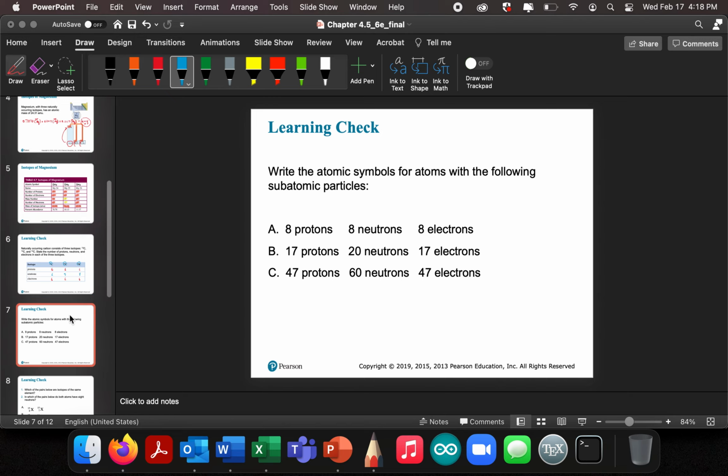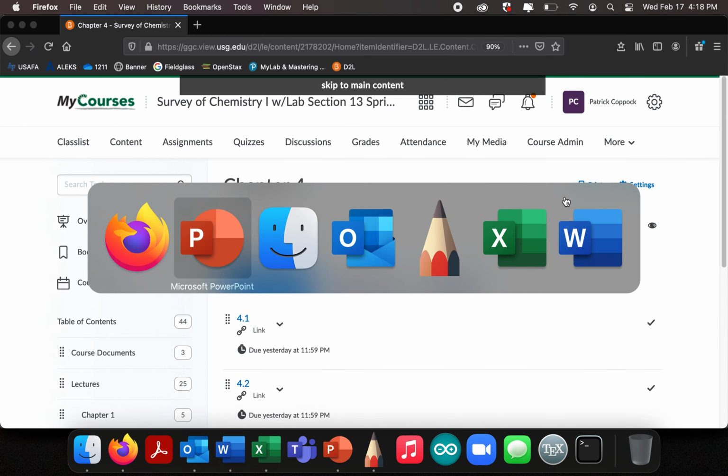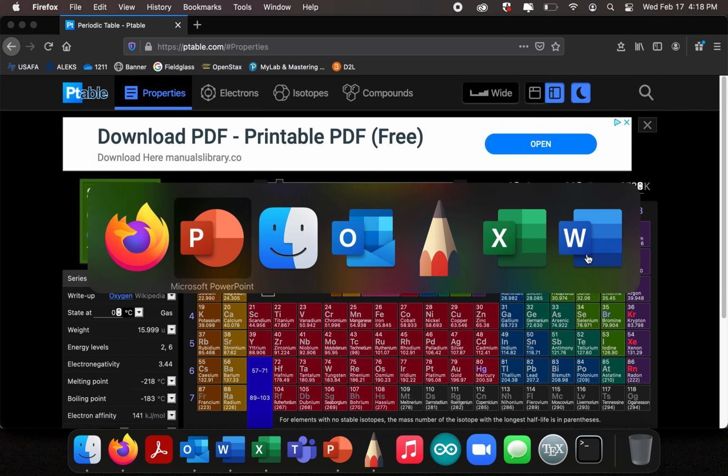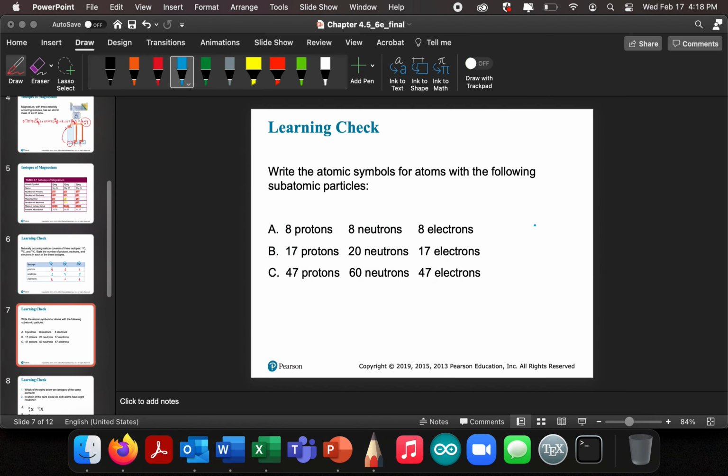Okay, another one. Pause the video and write the atomic symbols for atoms with the following subatomic particles. Okay, let me suppose you did that. And so I know 8 protons, there's my atomic number 8, so that must be oxygen.